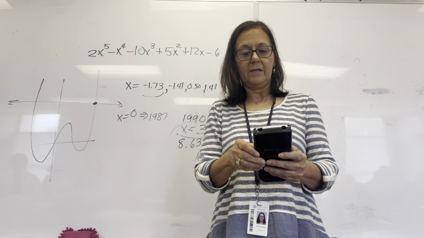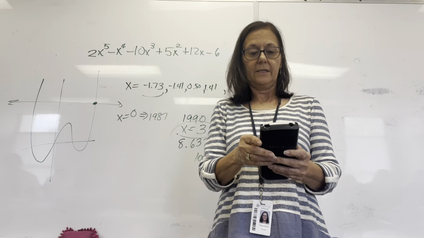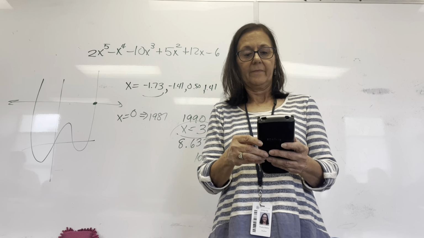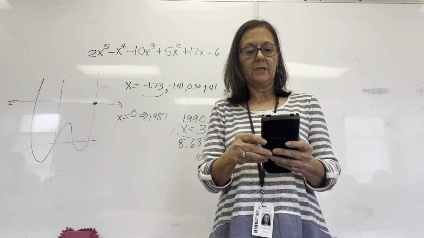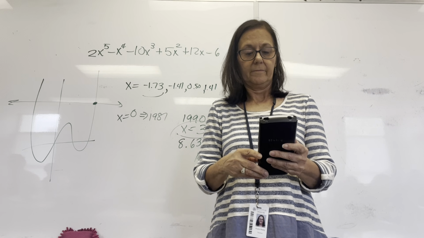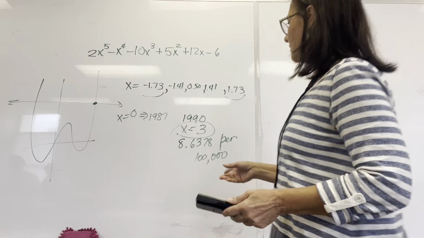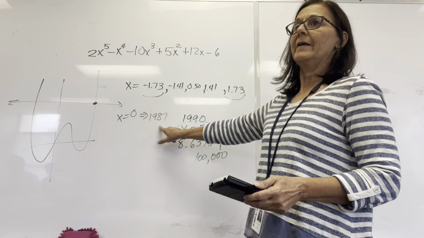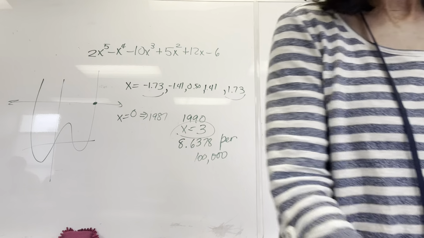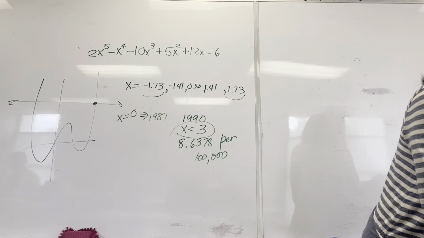Okay, it's more like closer to 10. Second trace, intersect. I see the point of intersection. It's in between the 8th and the 9th year from 87. All right, y'all can do the same for 41.